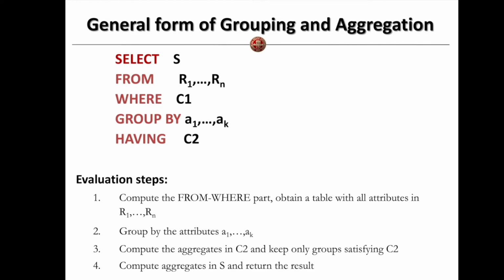You see the difference, right, between C1 and C2. And finally, we will calculate the aggregates in the select clause and return the results. So you see, C1 is used in step 1. We do the pre-pruning of tuples before we group. C2 is used after we do the grouping. C1 prunes the data tuples, however C2 prunes these groups. So they are very different.